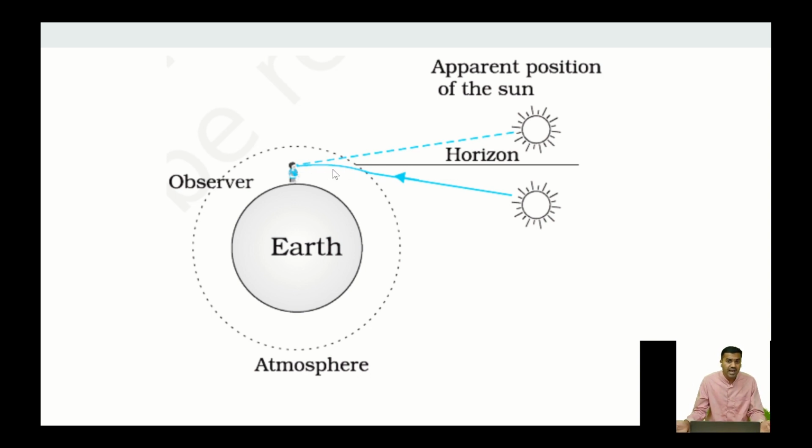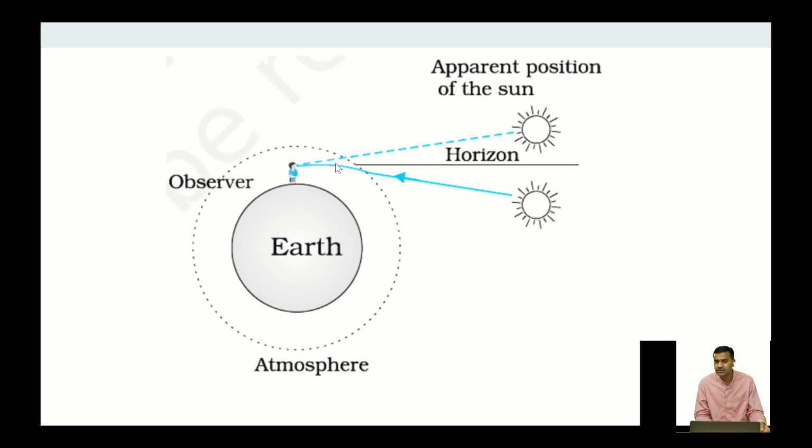So definitely refraction takes place, because you are moving from one transparent medium to another transparent medium. Due to that refraction, the light is going to bend here. When light bends, finally it falls on the retina of the observer. Therefore, he can see the sun.